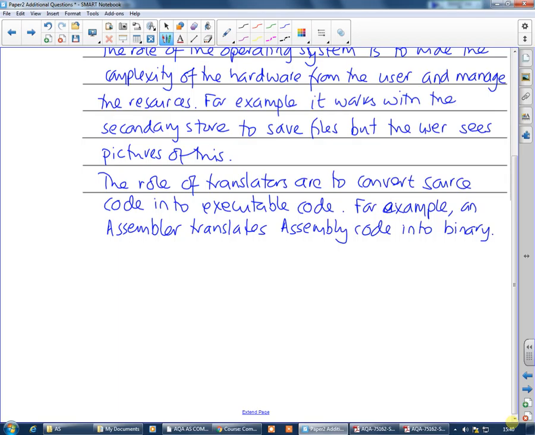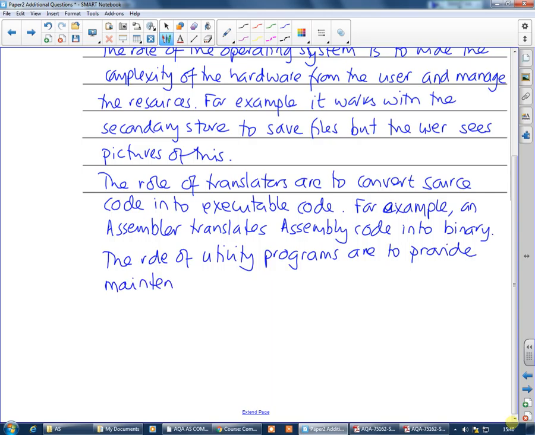Okay, so let's take the next one. The role of utility programs are to provide, it's called maintenance routines, I would say.